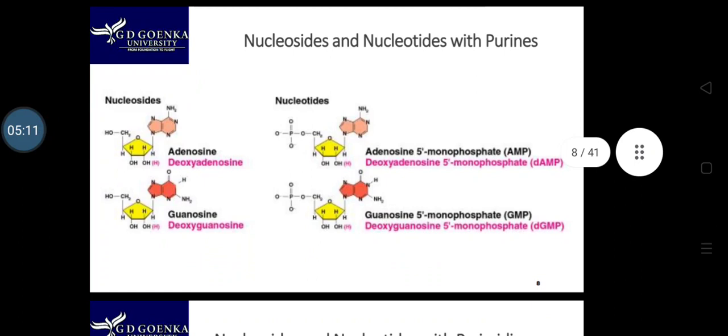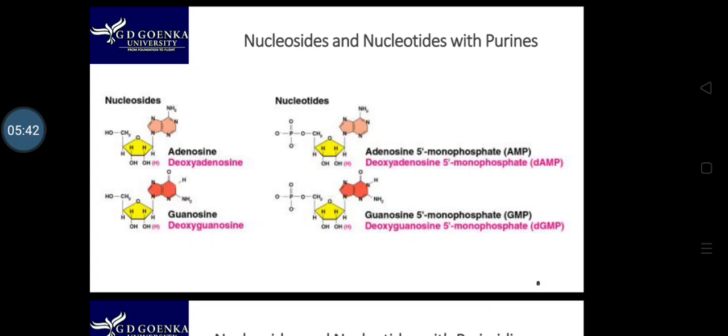So we have examples of nucleosides here: adenosine, deoxyadenosine, guanosine, deoxyguanosine. These are the nucleosides. And nucleotides, we can see adenosine 5 prime monophosphate, deoxyadenosine 5 prime monophosphate, guanosine 5 prime monophosphate, and deoxyguanosine 5 prime monophosphate.